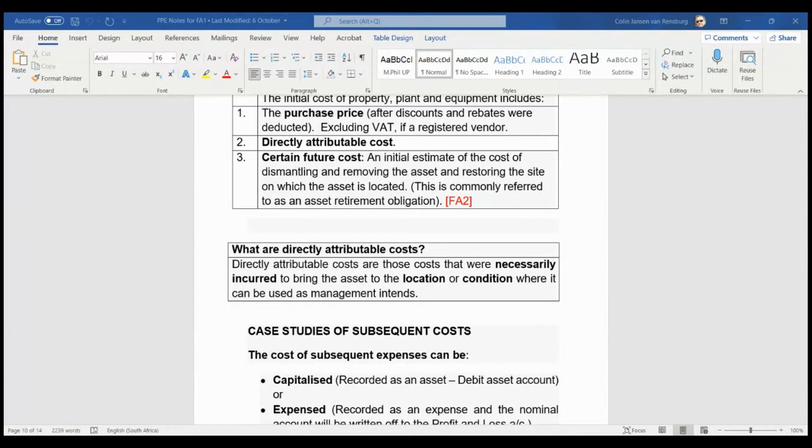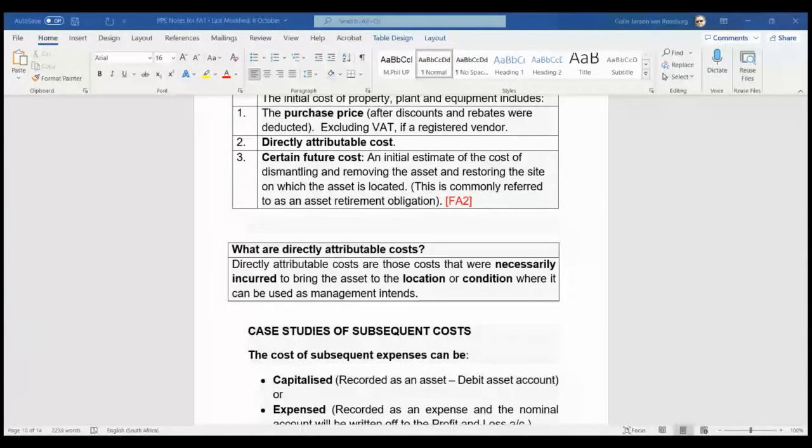It is a cost that was necessarily incurred. In other words, our first criterion here is that it must be a necessary cost. It's not a luxury, it is essential. It is a necessary or essential cost. And then it must play a major role in bringing the asset to a location or place or condition where it can be used as management intends.